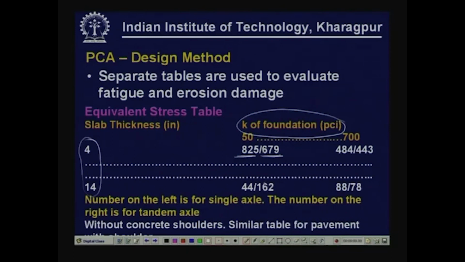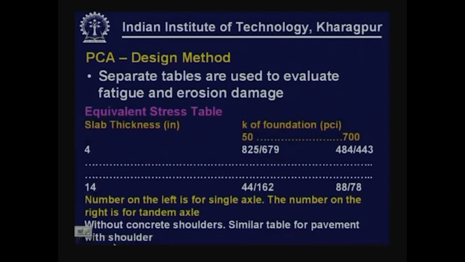So, the number on the left, that is 825 in this case, is for single axle. The number on the right, that is 679 in this case, is for a tandem axle. This table is for a case where no concrete shoulder is used, but a similar table is available for pavement with concrete shoulder.